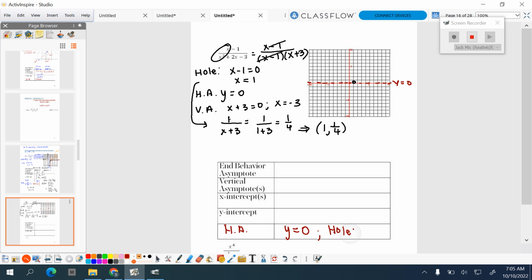It's at (1, 1/4). Vertical asymptote at x equals negative 3. And this graph, don't know what it looks like, so I'm going to go get a quick view of it and sketch it.